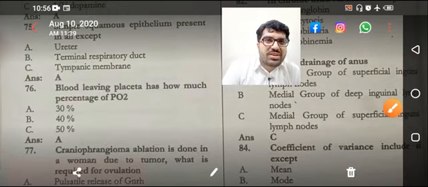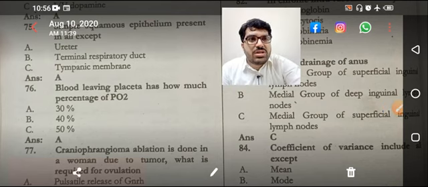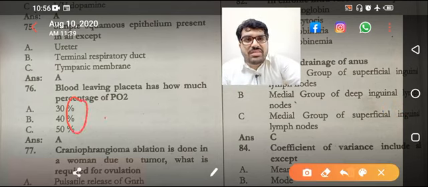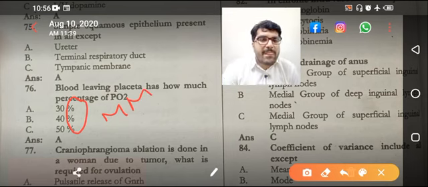Blood leaving the placenta has how much percentage of PO2? This is not a percentage actually. These are given in mmHg, and that is 30 mmHg.